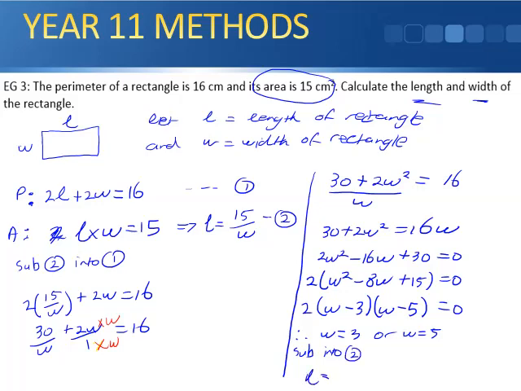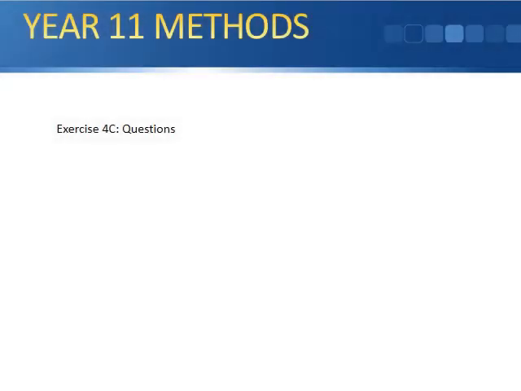So I get L equals 15 divided by 3 is 5, or L equals 15 divided by 5 is 3. So there's my answers. W equals 3, L equals 5, or W equals 5 and L equals 3. That's your exercise 4C.